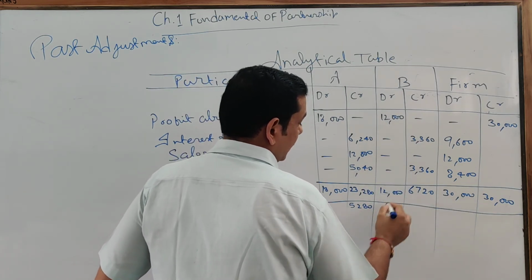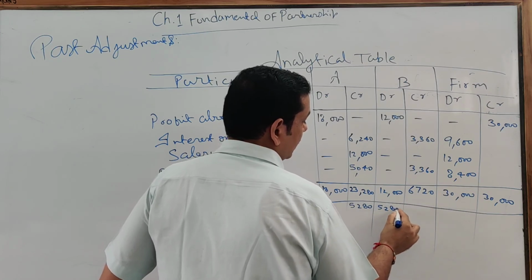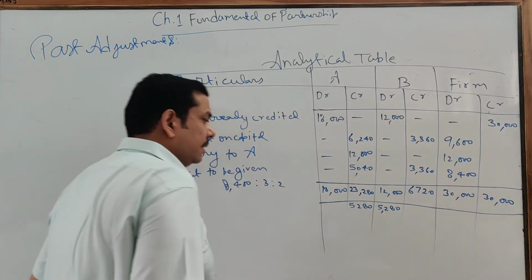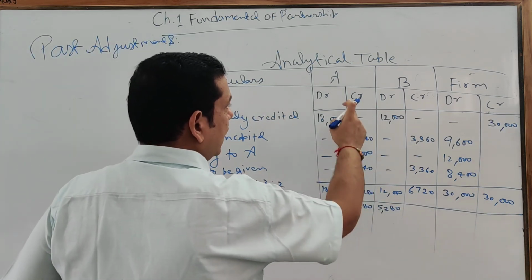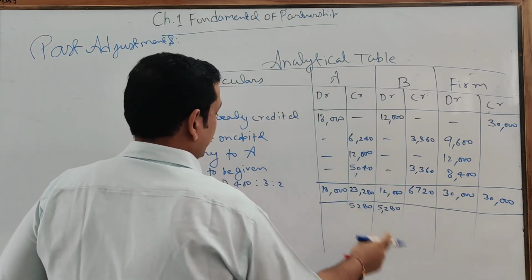And the debit side of B is more, that is 5280. So that is our net effect. B is debited by 5280 and A is credited by 5280.